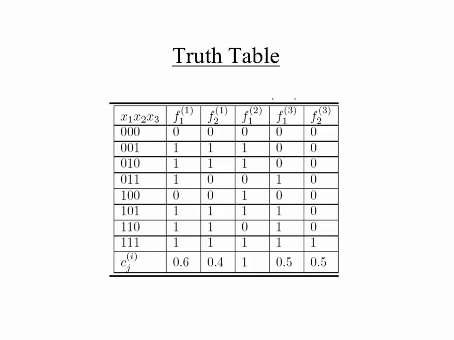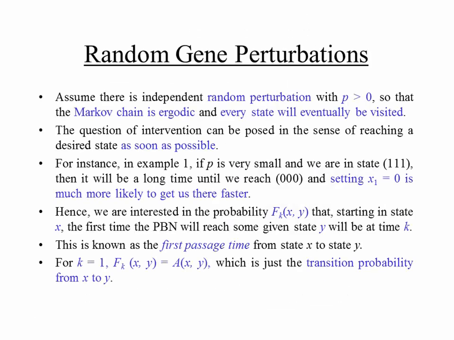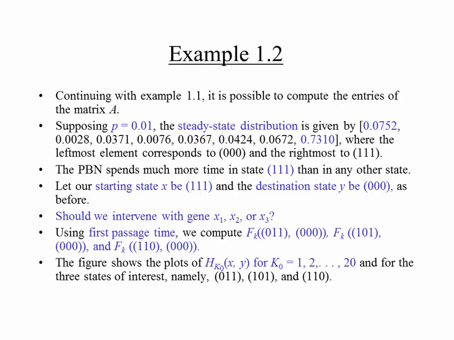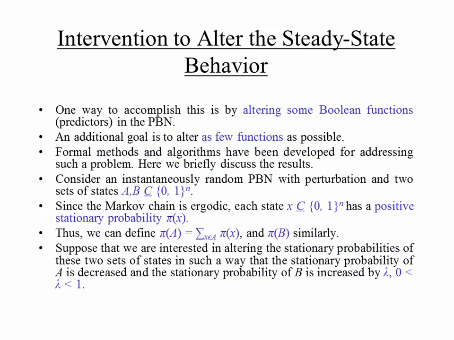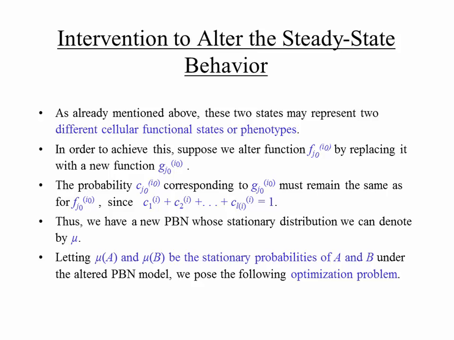In each case, for each truth table, calculate the steady state distribution, and then figure out which one gives you a steady state distribution close to what you want. That's the idea. Let me show you how that is done. It's a brute force procedure, so it's not something really good.